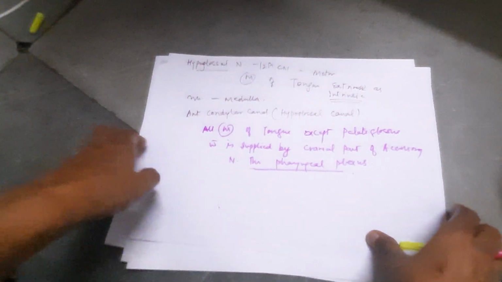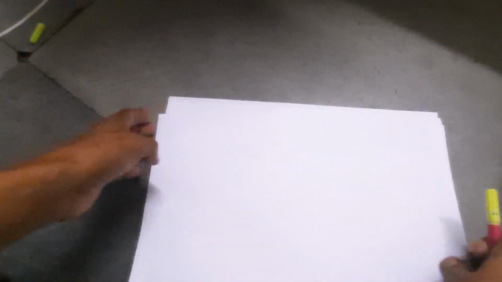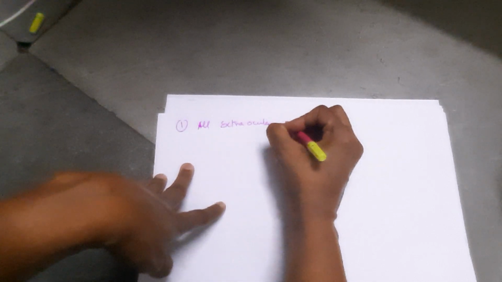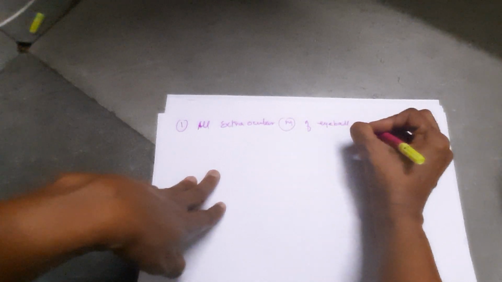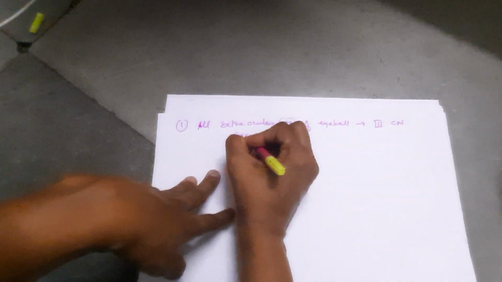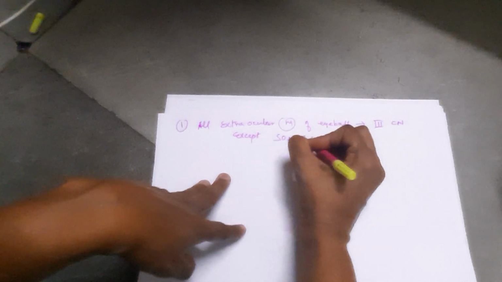So this is all about the cranial nerves. Some important points which I want to discuss again, some dictums. Number 1, all extraocular muscles of the eyeball are supplied by third cranial nerve, oculomotor, except, कैसे याद करेंगे आप, SO4 LR6.